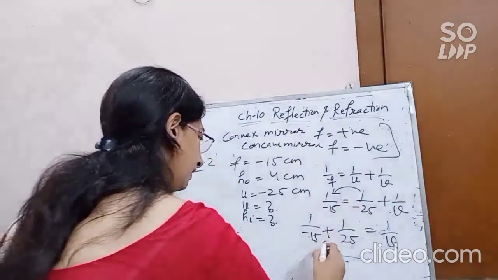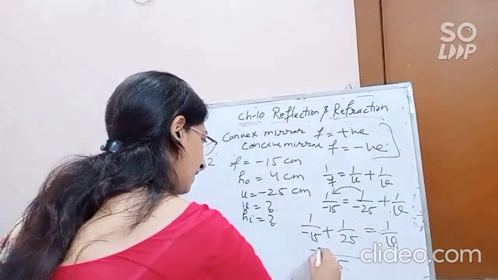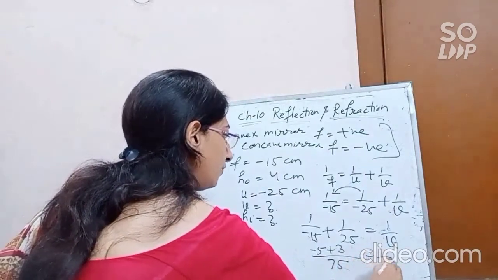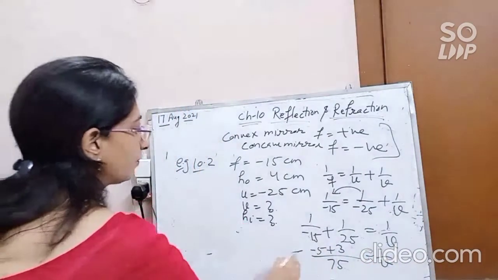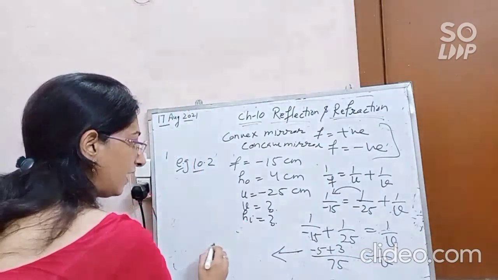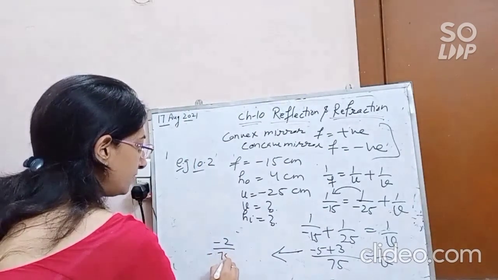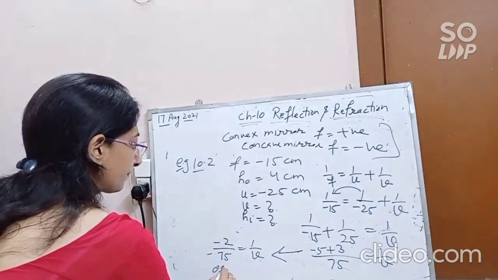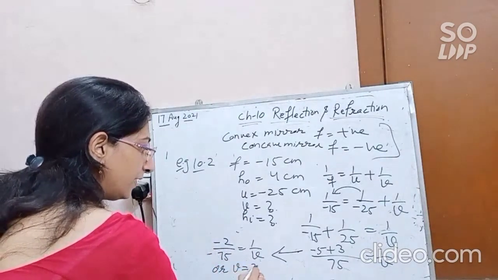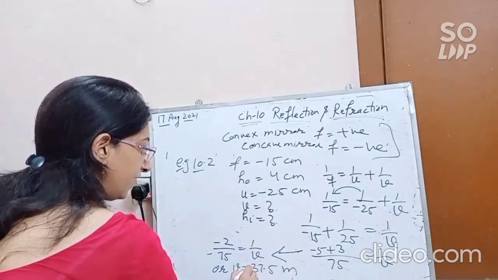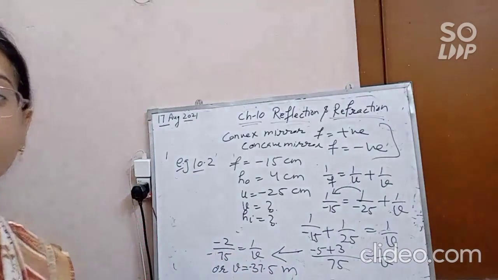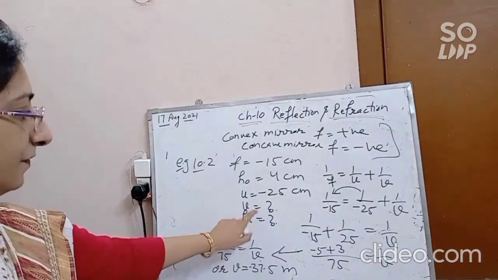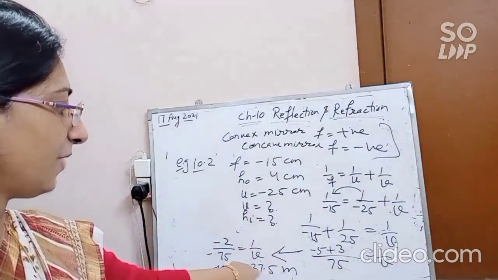So here we can write minus 5 plus 3 equal to 1 upon V. So we can write minus 2 upon 75 is equal to 1 upon V, or V equal to minus 37.5 centimeter. So the value we are getting is minus 37.5.